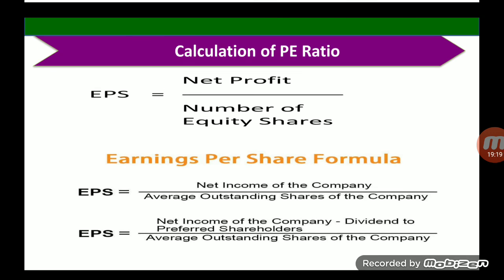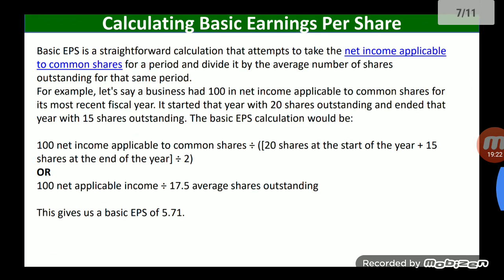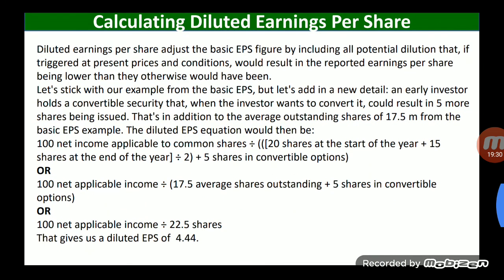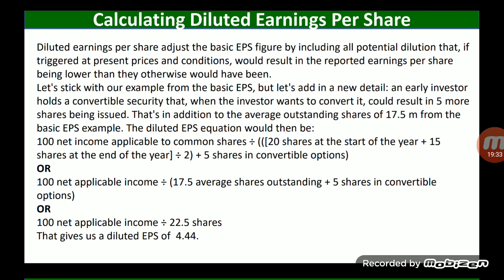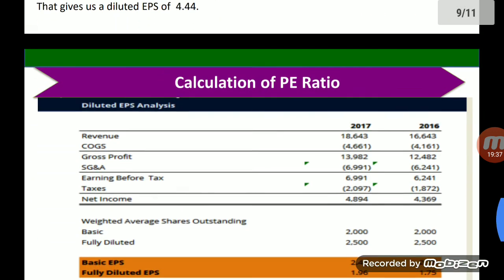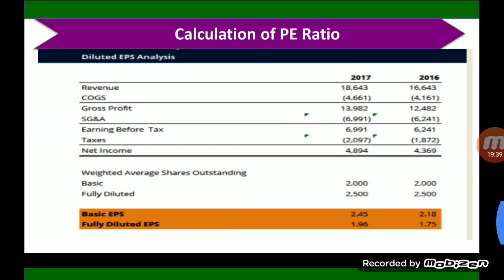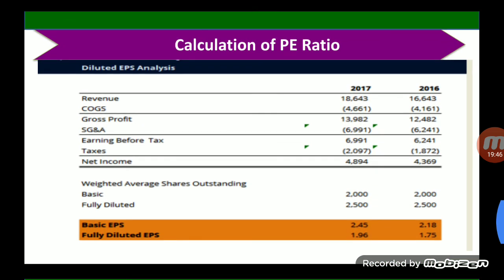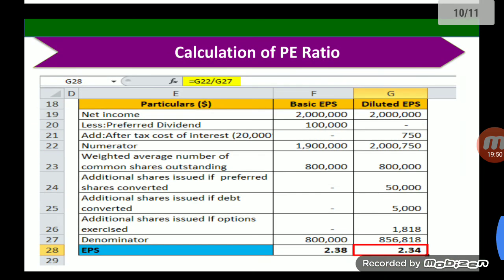We discussed an example of basic earning per share, and also an example of diluted earning per share, and at the end the actual calculations of earning per share. Sorry, I mentioned the title wrongly, but it is EPS, earning per share.